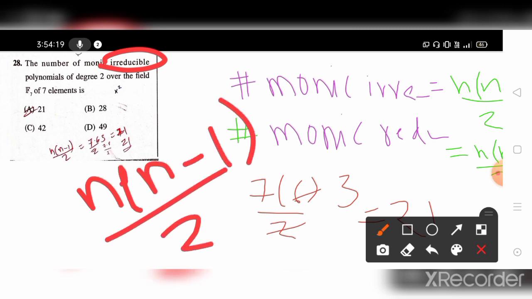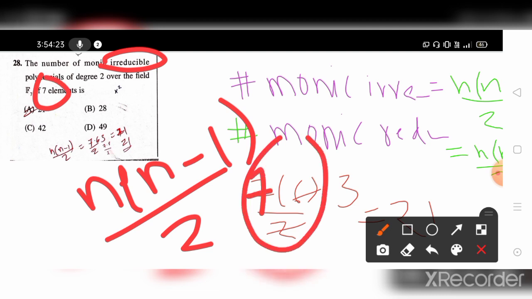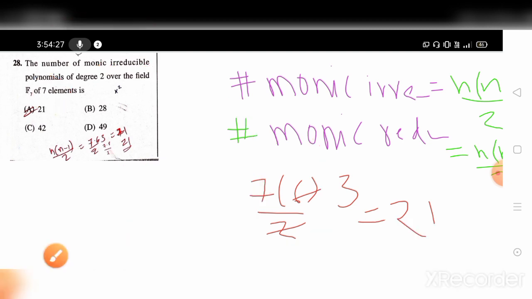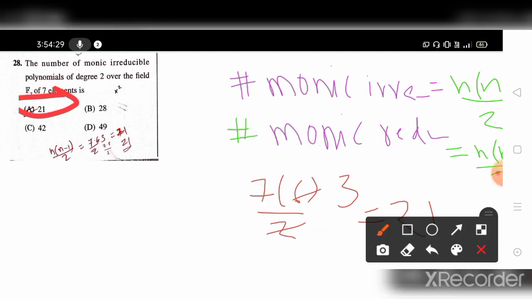Here n is equal to 7, and 7 into 6 upon 2 is equal to 21. Answer is 21.